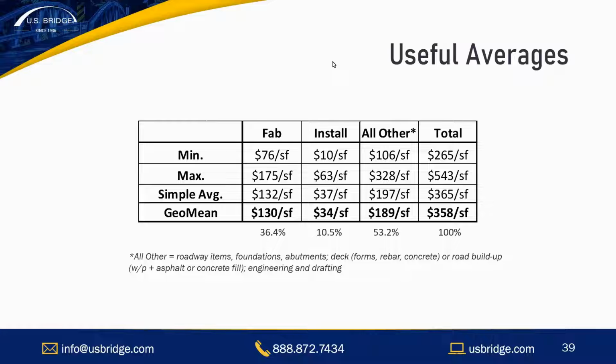This is for your use in terms of programming and estimating costs for future projects. Those projects may max or min out depending, a lot of times, on the construction of the abutments, the depth of the foundations, complexities of those things. All other is a category that includes everything but the fabricated and delivered bridge and its installation.